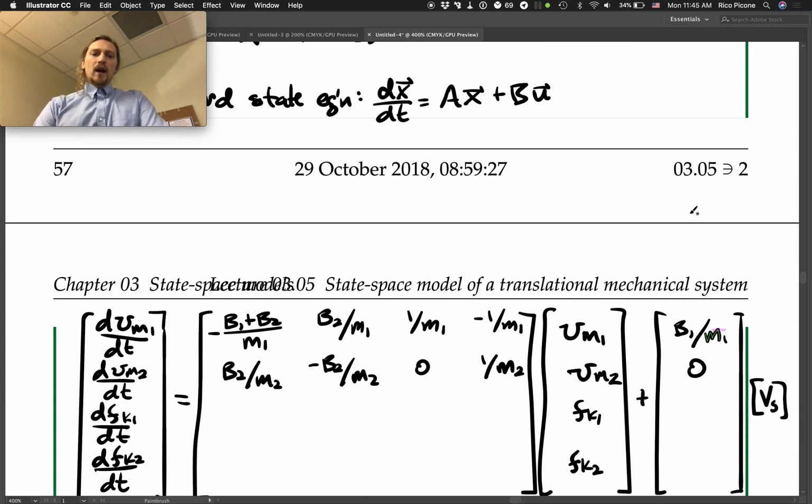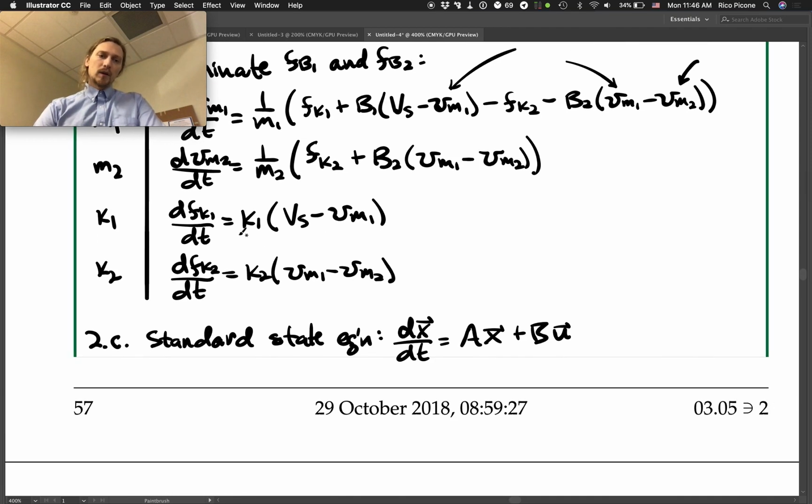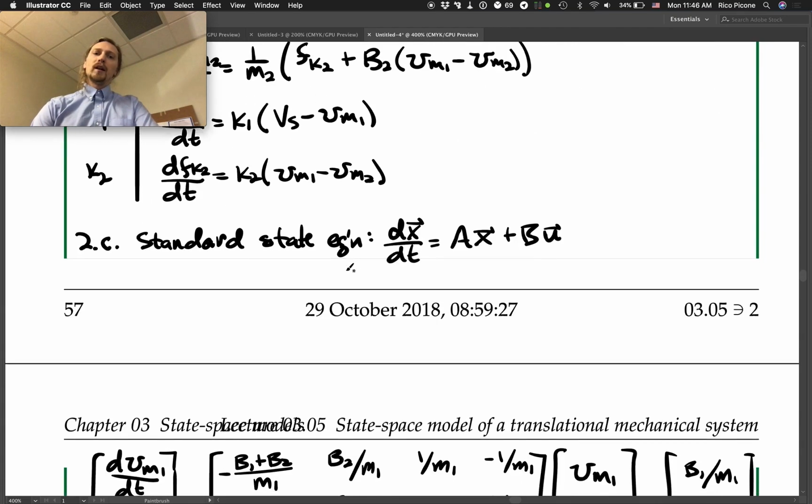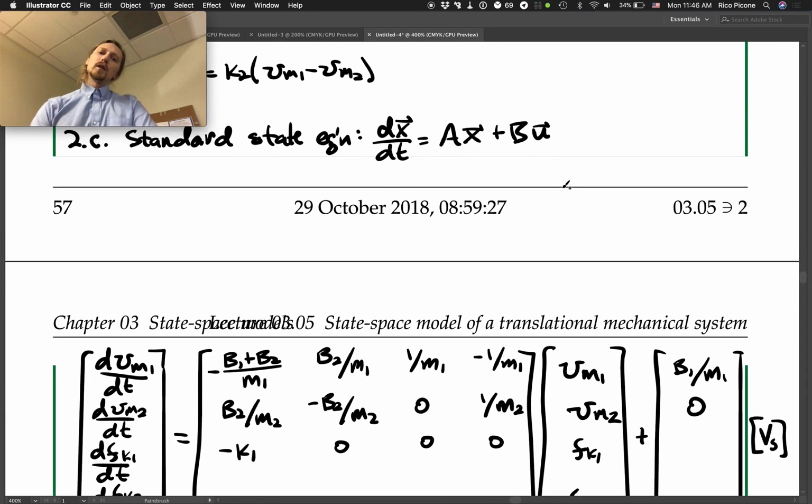All right, so now we do dFk1/dt, so this third state equation. We only have, for state variables, negative k1 as the Vm1 coefficient. And the rest of the state variables don't show up, so they're zeros in this row.